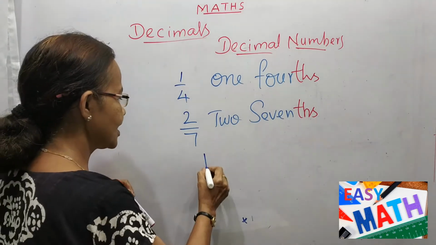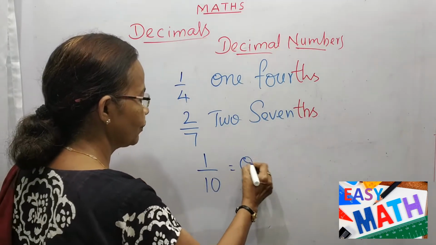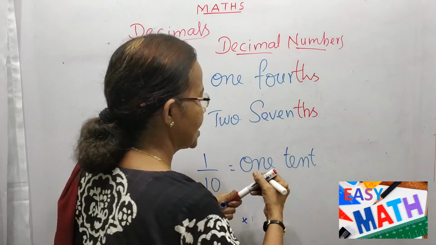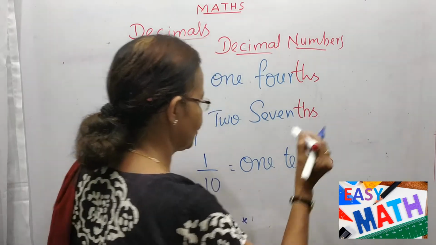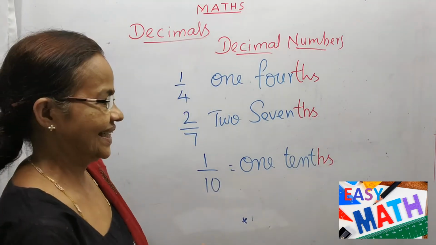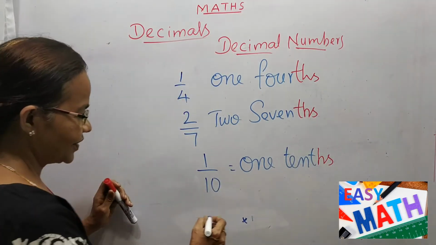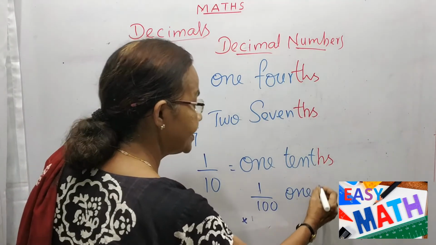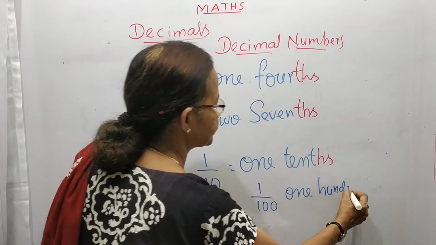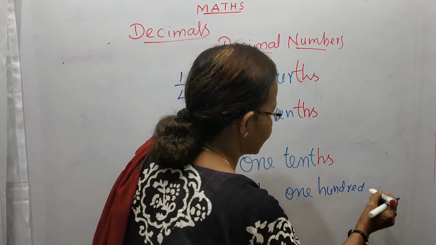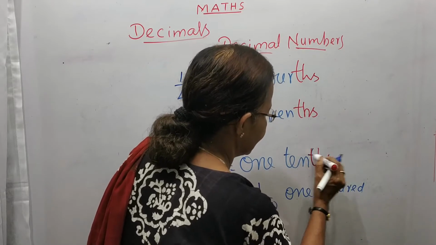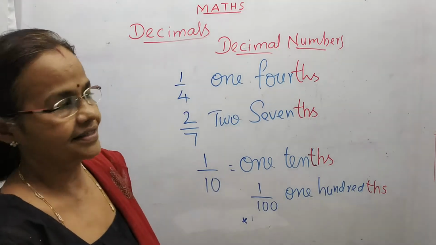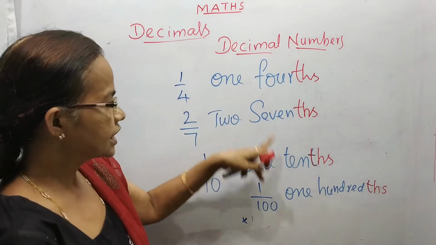Then what we can write for 1/10 is one tenth. Likewise, if it is 1/100, it is one hundredth. അപ്പൊ ഇങ്ങനെ ഫ്രാക്ഷൻ ഫോമിൽ ഇങ്ങനെ വേർഡ്സിലെഴുതി നിങ്ങൾ പഠിച്ചിട്ടുണ്ട്.